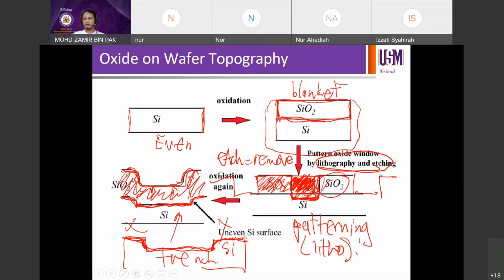But just to show that if you grow oxide on a trench, the oxide is going to take the morphology of the underlying silicon, because the growth rate is similar at all locations.